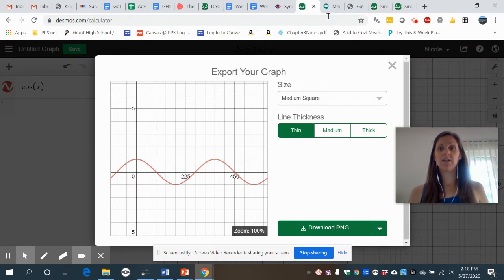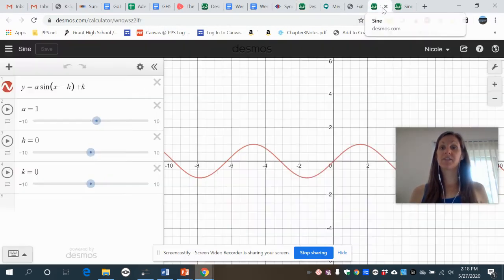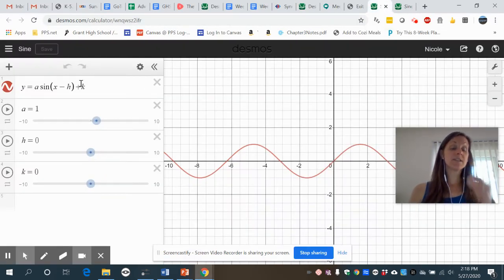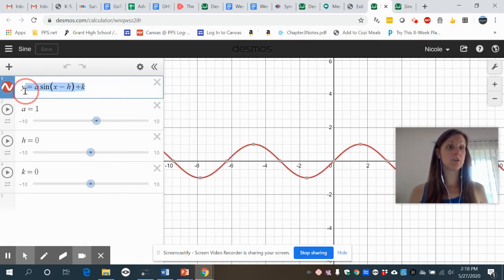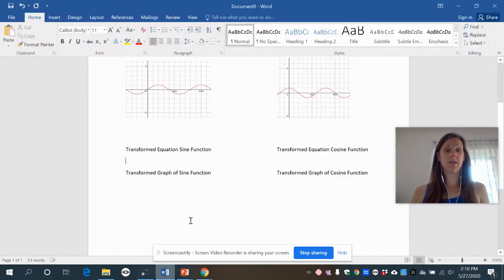I'm going to go back here and I'm going to look first at the sine one. This is the transformed equation right here. So I'm going to actually copy this for you and I'm going to put it in there. And wow, that did not help me at all, right? But I can just get rid of that.